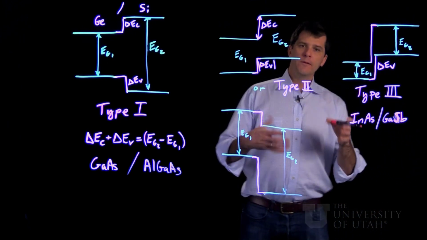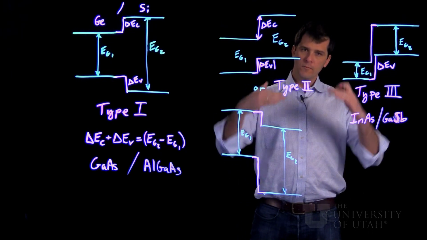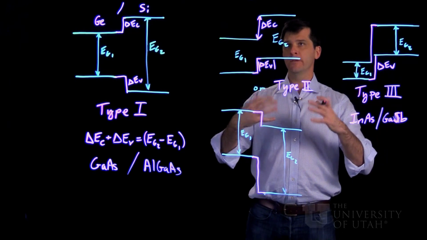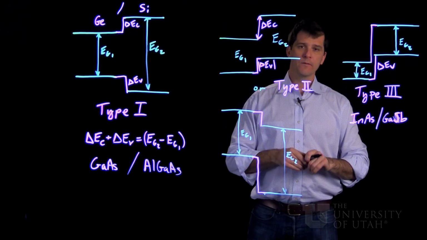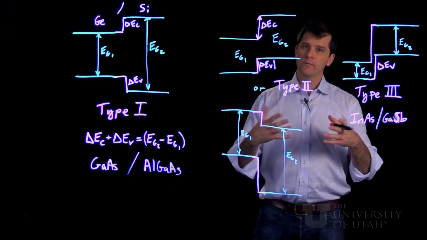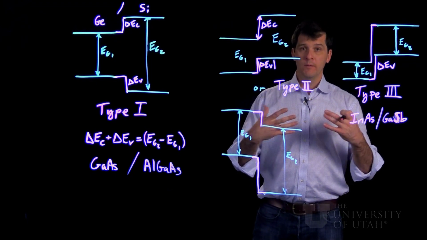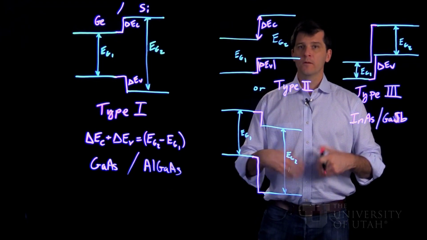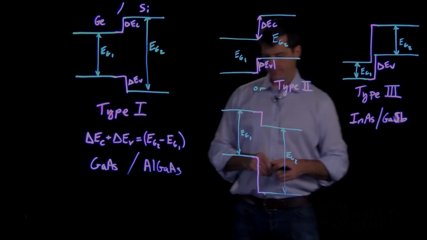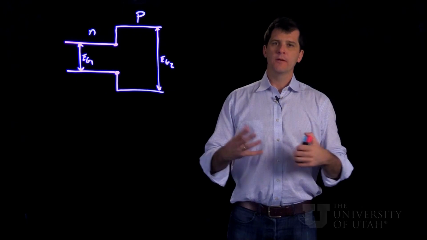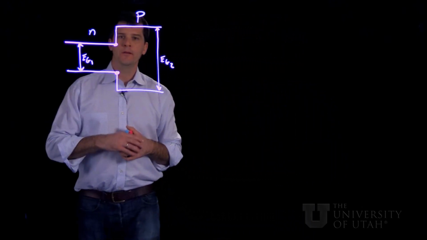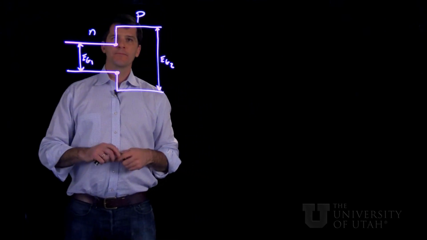So now we know what the interfaces are going to look like, where the conduction bands line up, which is going to be determined by their electron affinities. The next part is to figure out the electrostatics, built-in voltages, and the band bending associated with doped semiconductors of any of these types. Okay, so as our first example, let's look at an nP heterojunction.